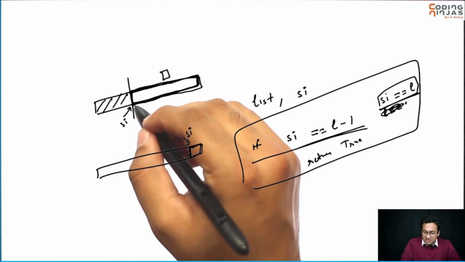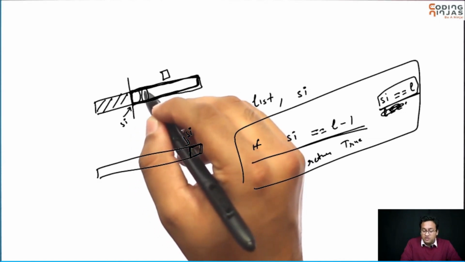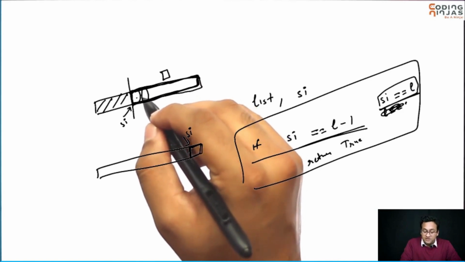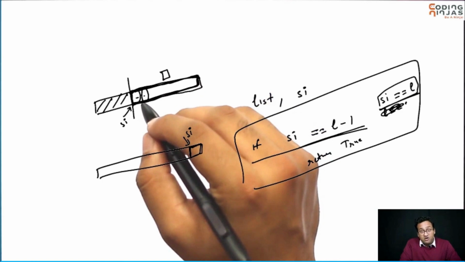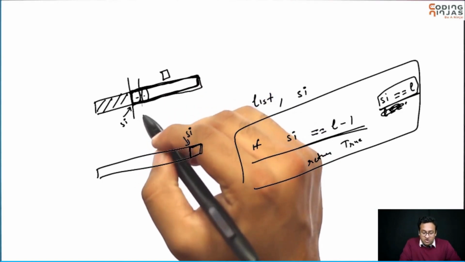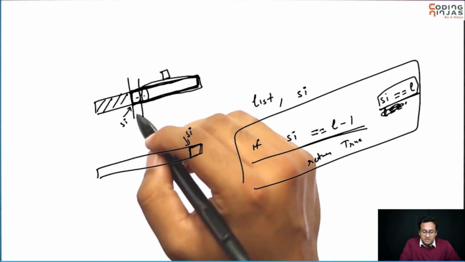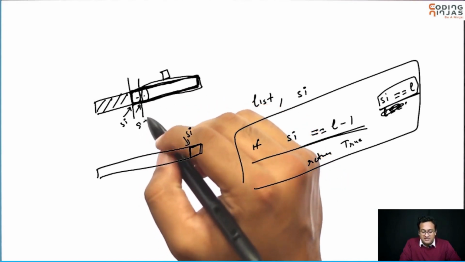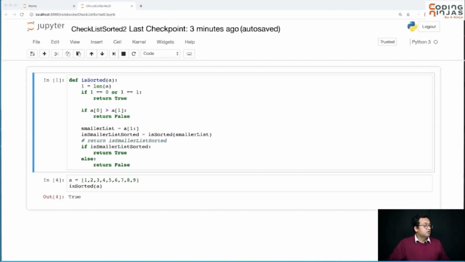We'll compare the element at SI and the element at SI plus 1. That is the first two elements of the part that we need to work on. If they are in wrong order, we'll return false. If they are not in wrong order, we need to make a call on this part, one smaller part, which I can do by passing SI plus 1 to the next recursion call.